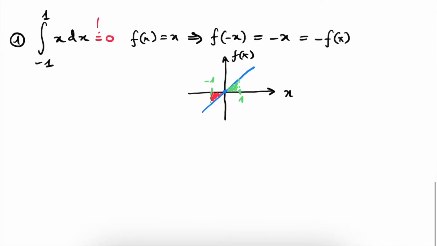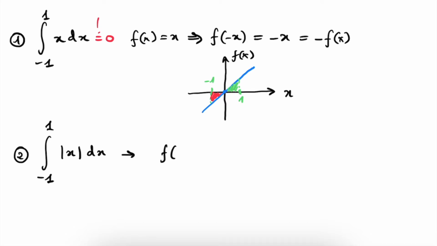Let's go to the next exercise, where we have to calculate a similar integral from -1 to +1, but now of the absolute value of x dx. And again, we are integrating from -1 to +1, so a symmetric interval. So we have to determine whether the absolute value of x is an odd function.